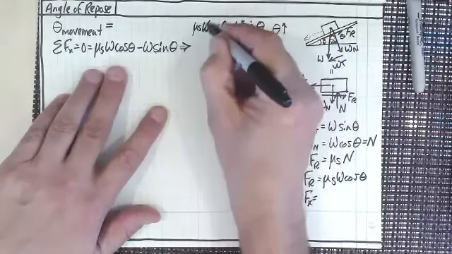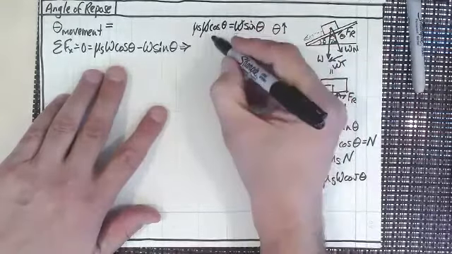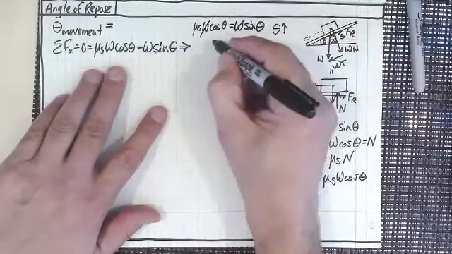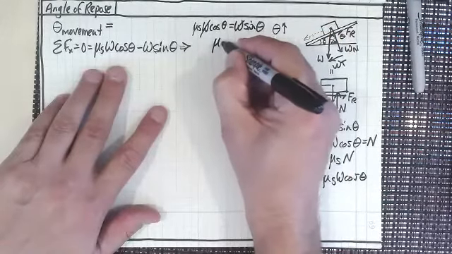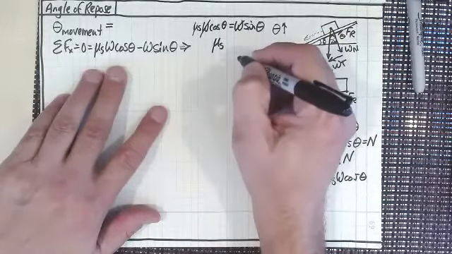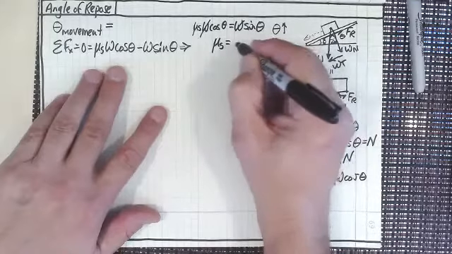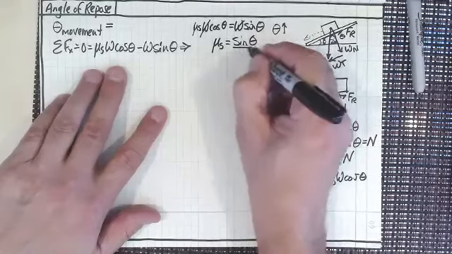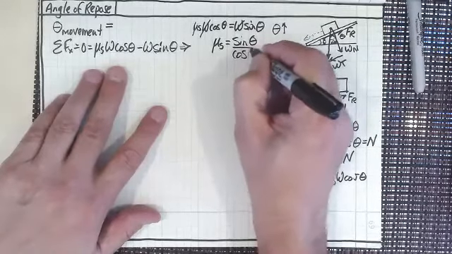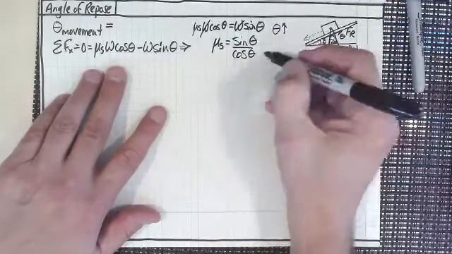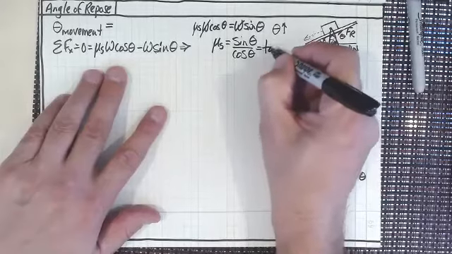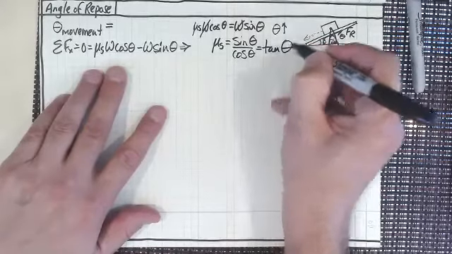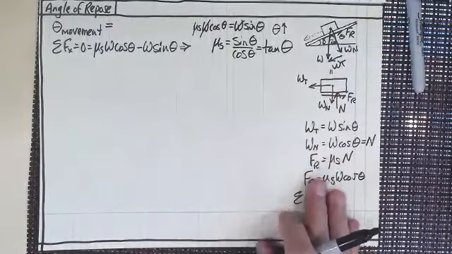And then we lose W because it cancels out on both sides of the equation. And mu sub s is going to equal sine of theta divided by the cosine of theta. Does everyone see that?